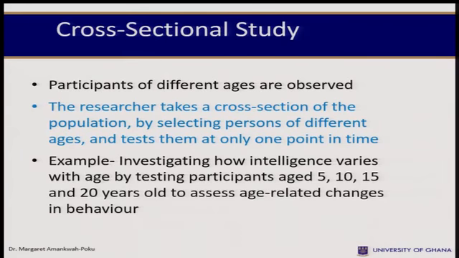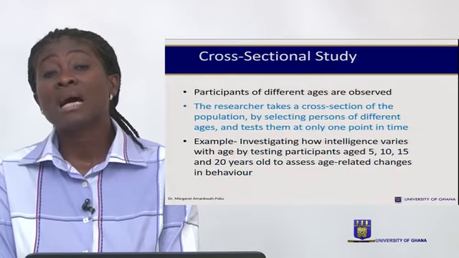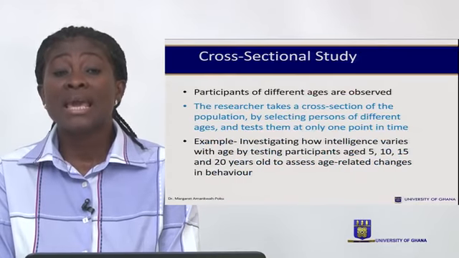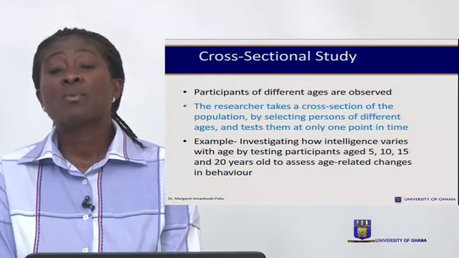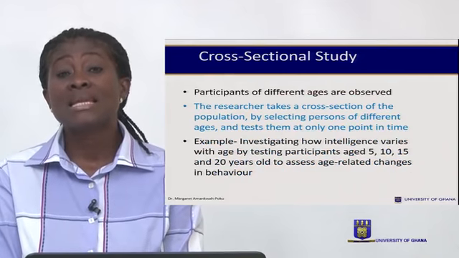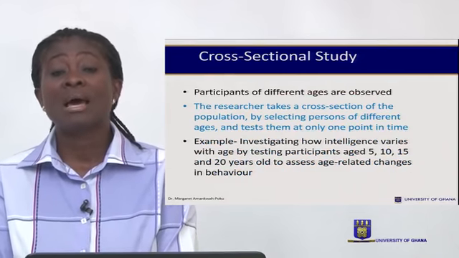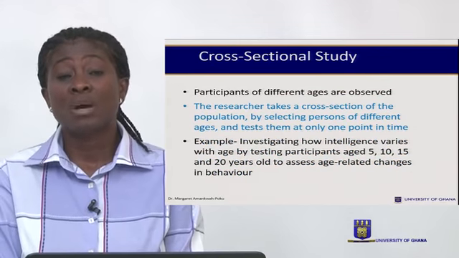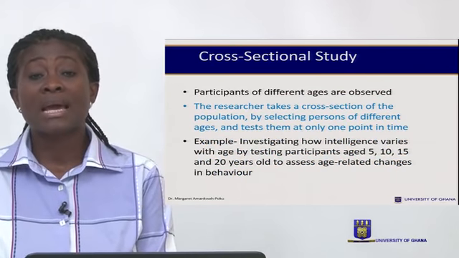So you have the researcher taking a cross-section of participants from the population and then studies this cross-section of individuals. So if we want to find out how intelligence varies with age, we will take people who are 5 years, people who are 10 years, people who are 15 years, etc., and study these individuals at one point in time.